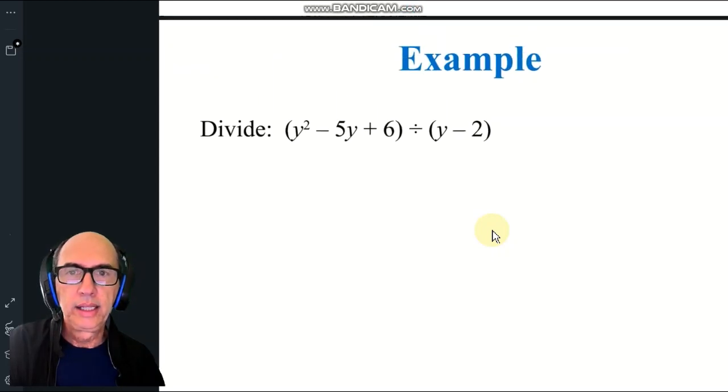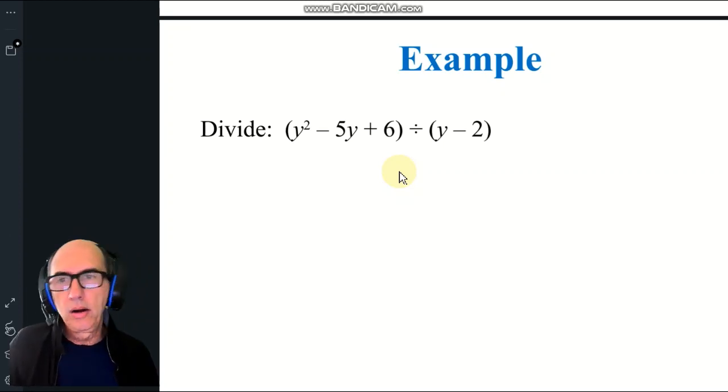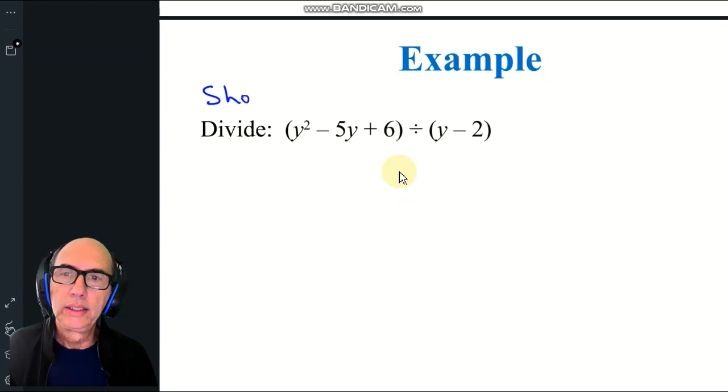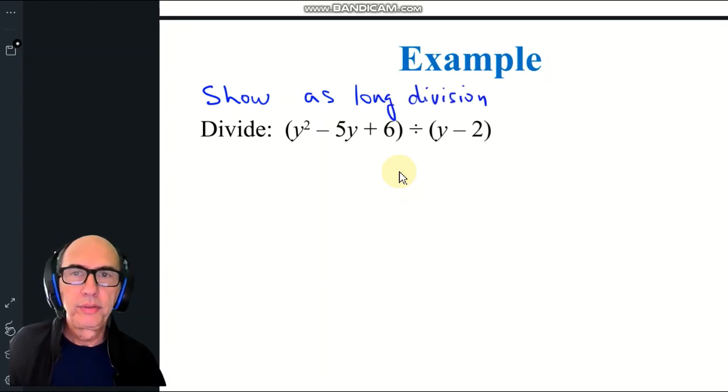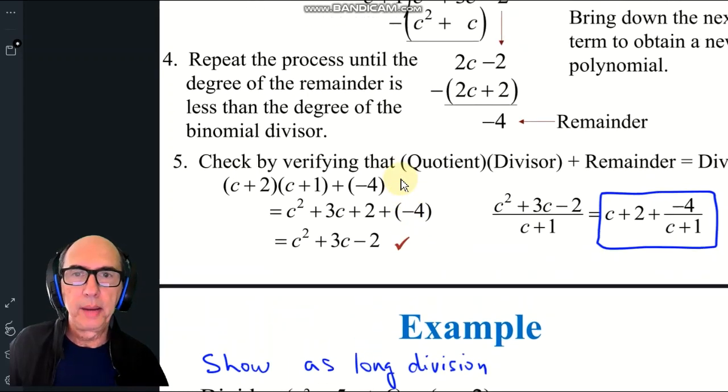Another one that you can practice at home. Let me tell you something about this question. If the question asks you to show this division as a long division, then you have to show all those steps, right?